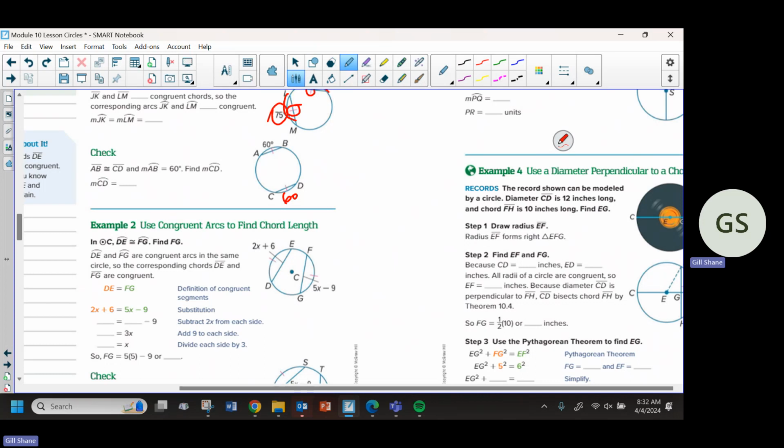So what does that expression represent? That is the length. Doesn't matter that it's got 2 and x and 6 and all that. This is the length of that chord. So if I know the chords are congruent, meaning they are the same length, then I just set those lengths equal to each other. And now you solve for x. So if you solve for x, looks like you get x equals 5.